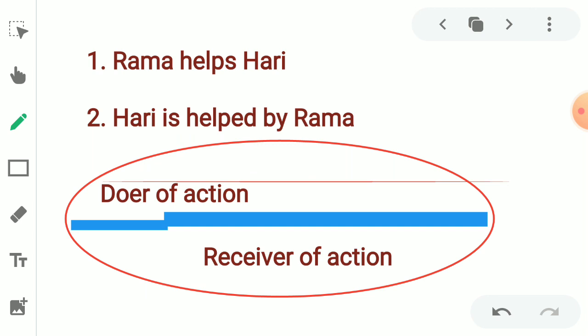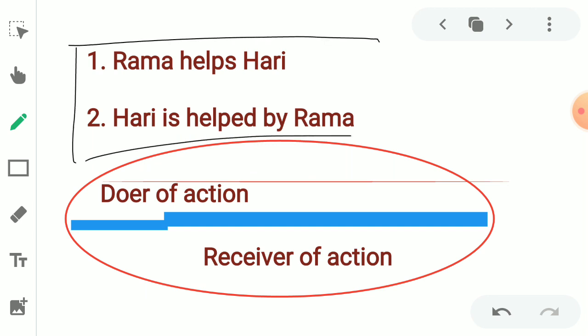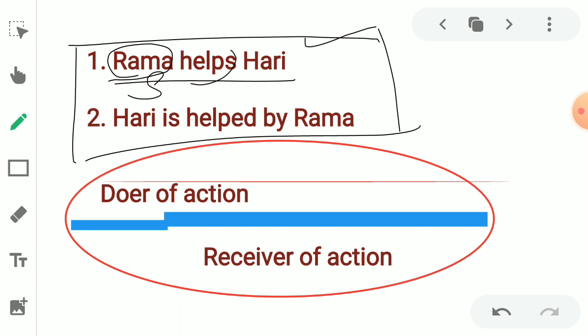Here there are two sentences. Rama helps Hari. Hari is helped by Rama. Like I told you, the first statement is active, the second one is passive. Here Rama is subject, helps is verb, Hari is object.